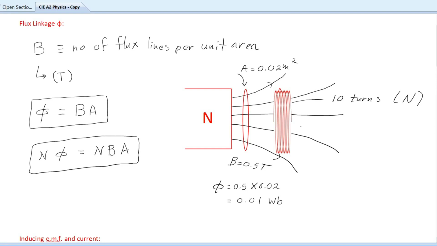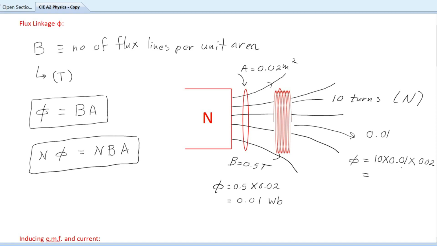So here you would have, if the flux density, for example, is 0.01, you would get the flux linkage as N, the number of turns, 10, by the flux density, which is 0.01, by the area of the coil, which is 0.02.